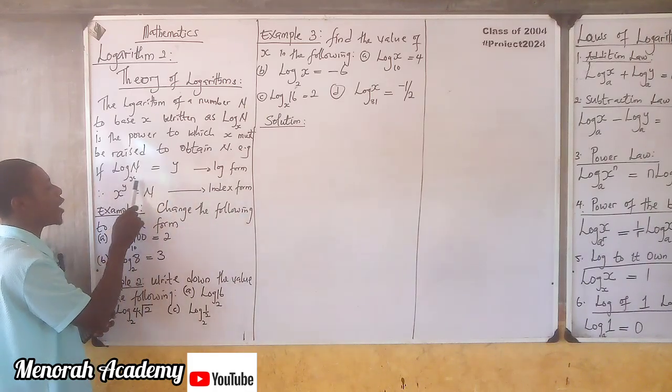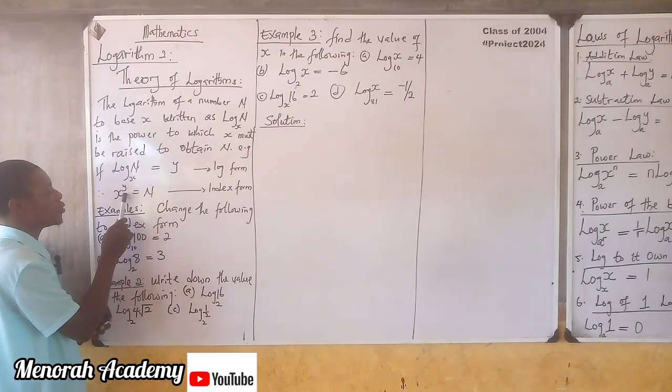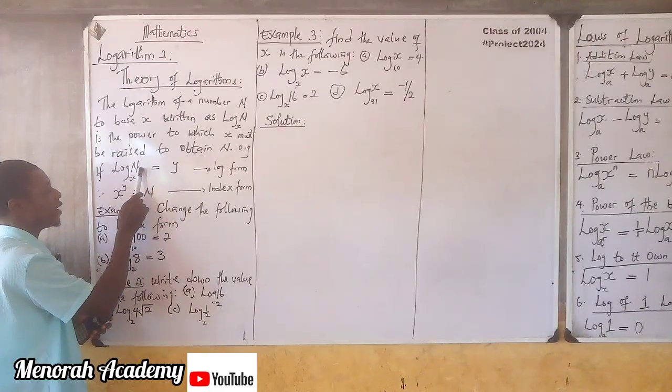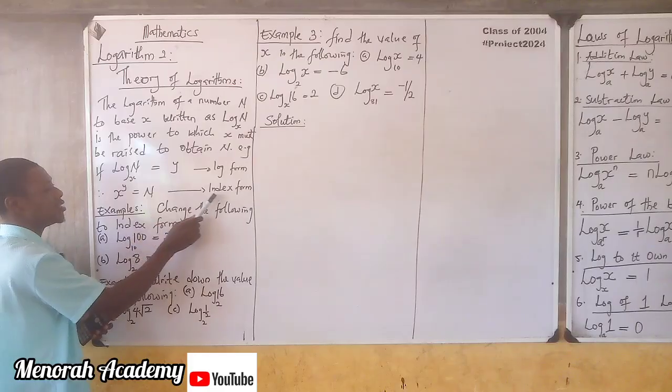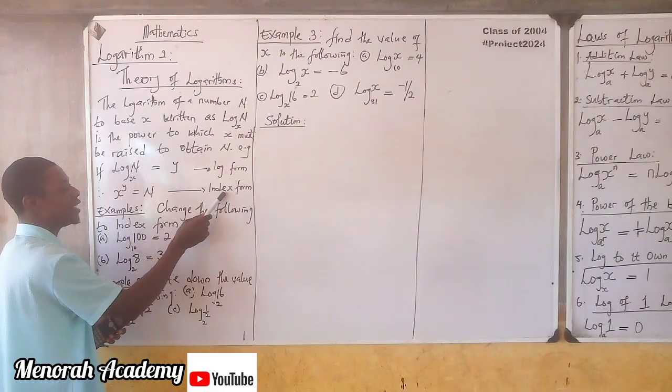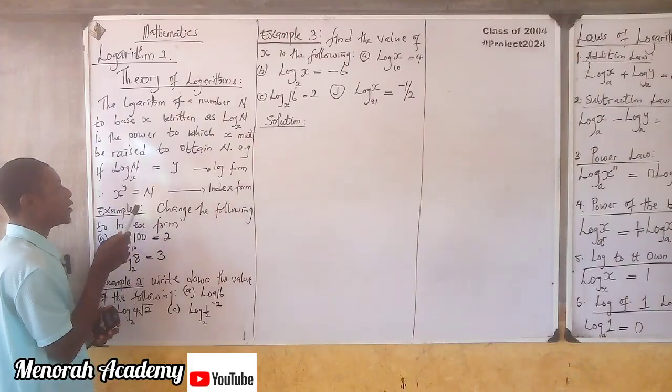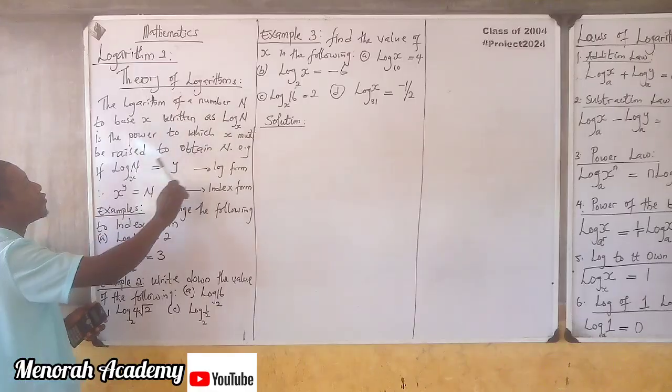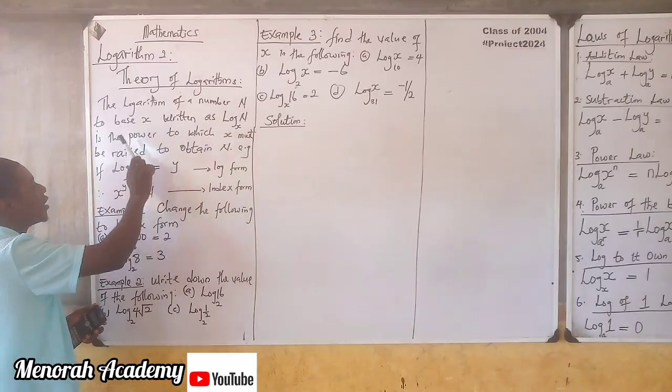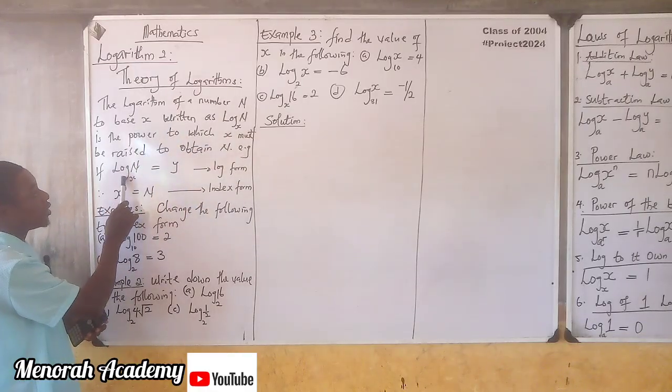X raised to the power y, where x is the base and takes y as its power, then n stands alone. This is what we call the index form. Index means power.